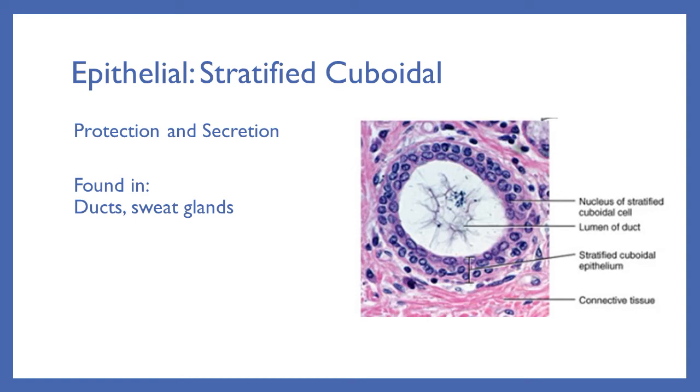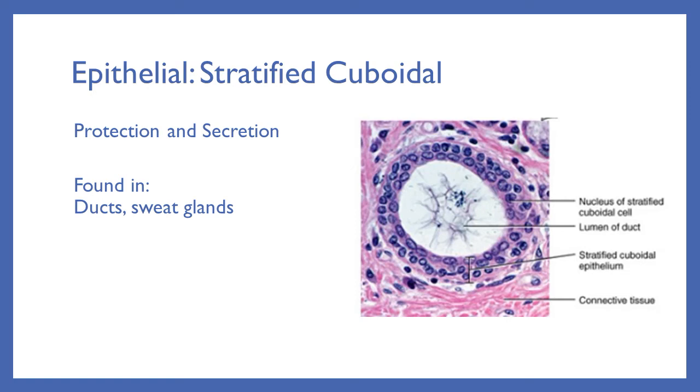Here we have stratified cuboidal. Stratified cuboidal is typically seen in 2 layers, and it's mostly cuboidal shaped. I mean, it's about as tall as it is wide, so don't be thrown off if you see one that looks a little more rounded. It's still cuboidal. Because they are stratified, we're not trying to absorb with these cells.